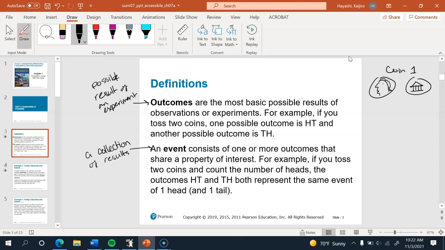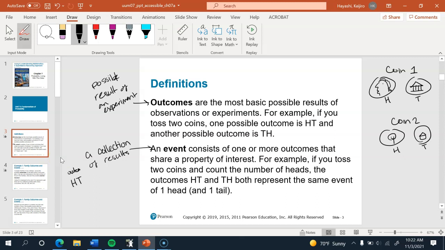So for example, coin one, right? You can have one coin that can come up heads or tails. And you can have a second coin that also comes up heads or tails. So if you flip both these coins at once, you could get that the first one is heads and that the second one is tails.